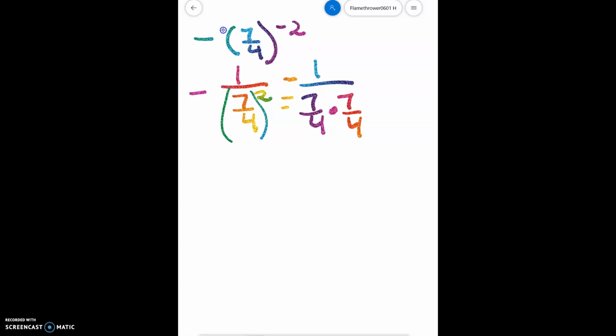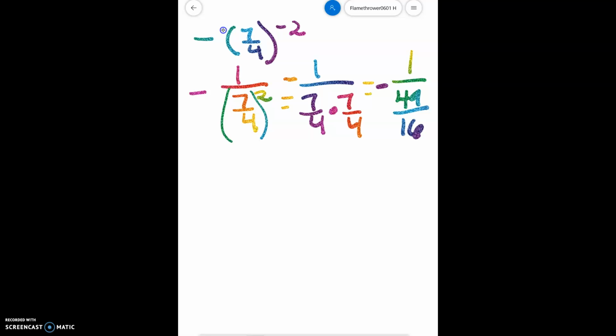So 7/4 times 7/4 would be 1 over 49/16. And then we're going to take the opposite of that.